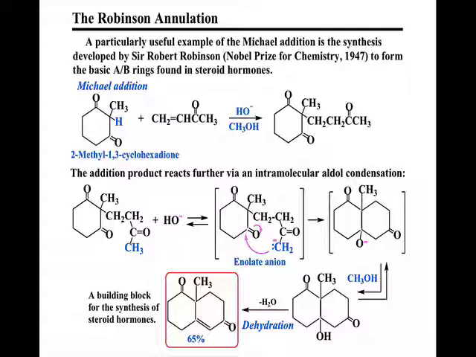Okay, so Sir Robinson figured out that he could take 2 other people's reactions and get a Nobel Prize, all right, which was kind of cool, all right? Now, what's important about this, and the reason it was meritorious of a Nobel Prize, was if you look at the product, what's special about it?